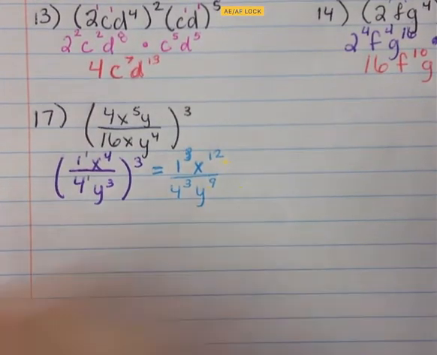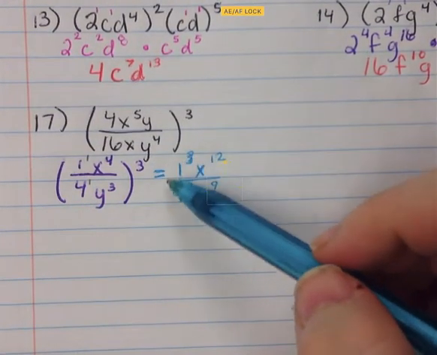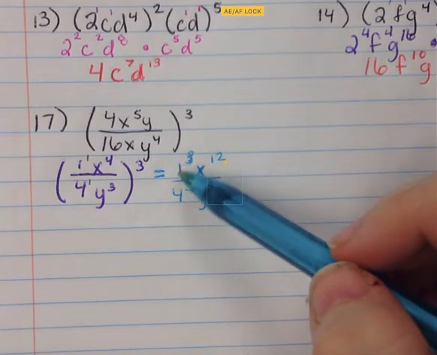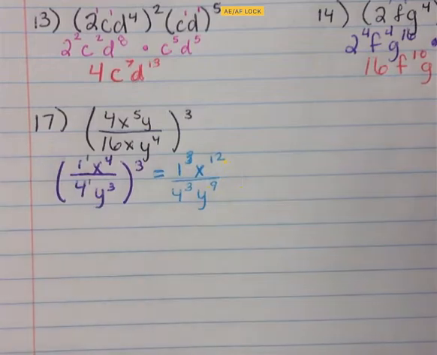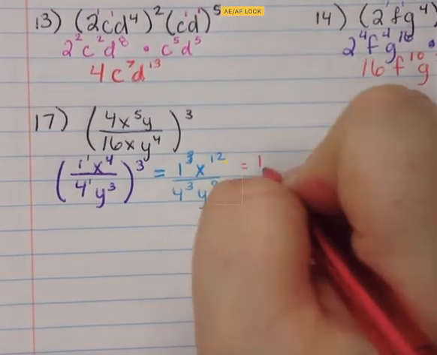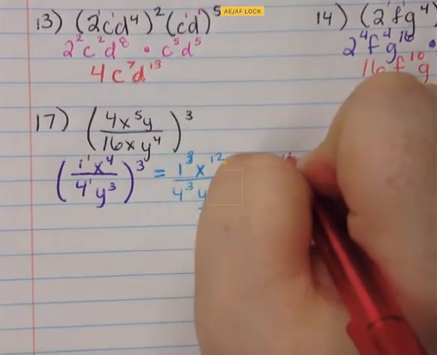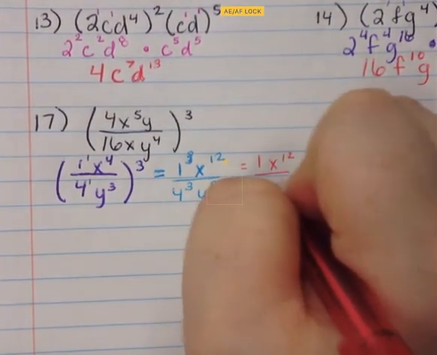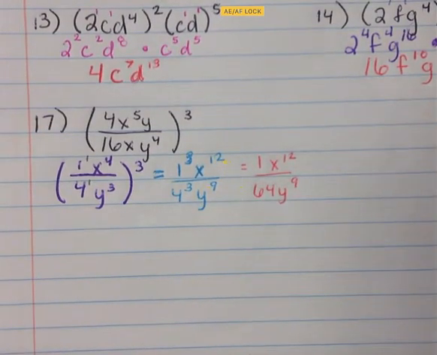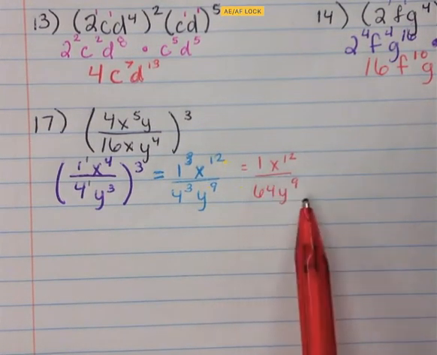Now the only thing left to do is any numbers that have an exponent with it, you got to simplify that. 1 cubed is 1, 4 cubed is 64. So it's 1 over 64, which that can't simplify. So this is equal to 1 x to the 12th divided by 64 y to the 9th. Because we can't simplify the x and the y's any further.